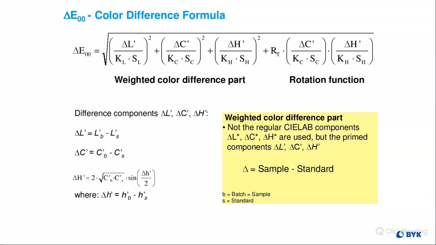And so we see here, this is that equation. It's a lot more complex than the other equations because we have this weighted color difference part, and then we also have this rotation function. You can see here in the weighted color difference part, not the regular CIE Lab components L star, C star, and H star, but they are prime. So we have delta L prime, delta C prime, and delta H prime.